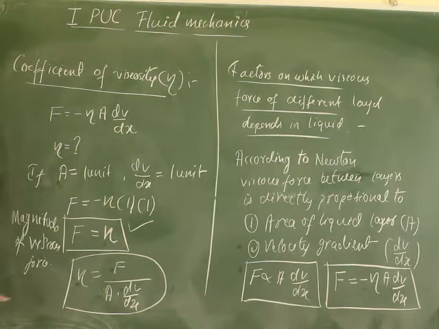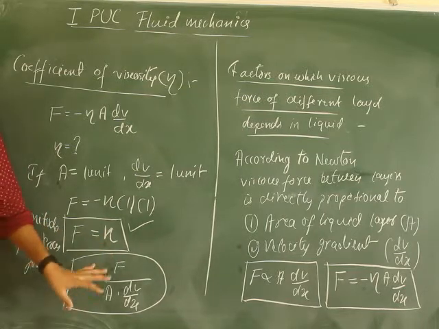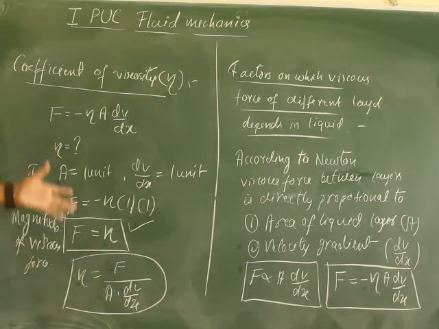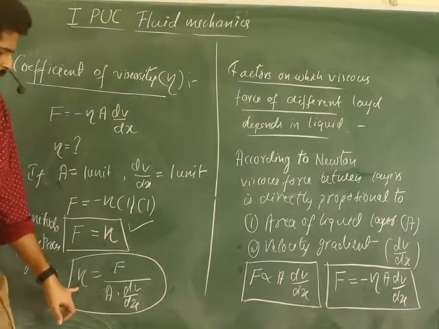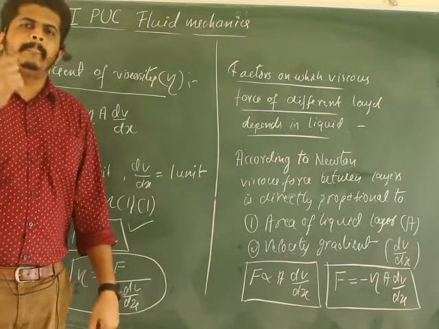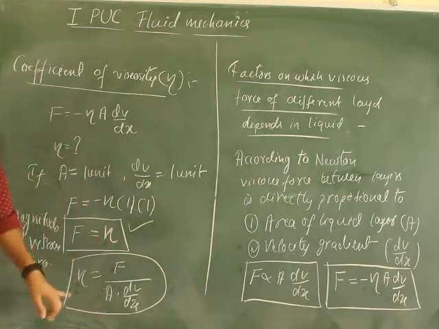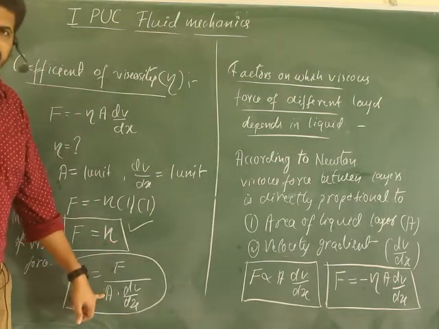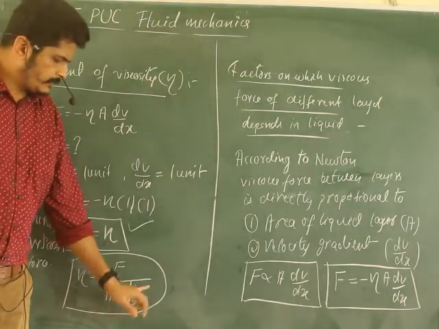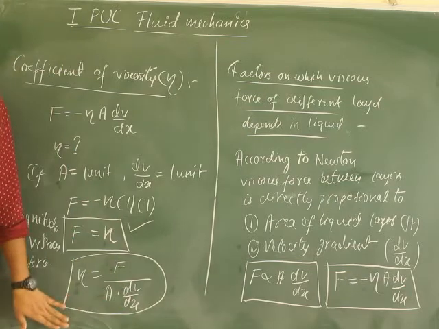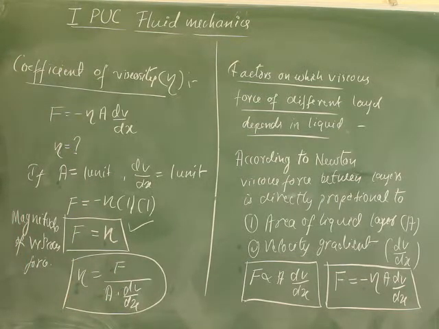What type of force is it? A viscous force. Write neatly as it is: after writing the equations, you are supposed to write that the coefficient of viscosity is the viscous force per unit area of the layer of the liquid and unit velocity gradient, the force per unit area acting between two layers.